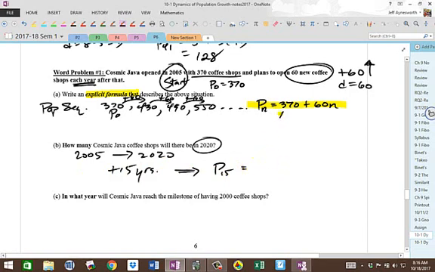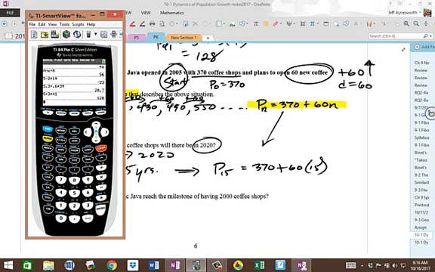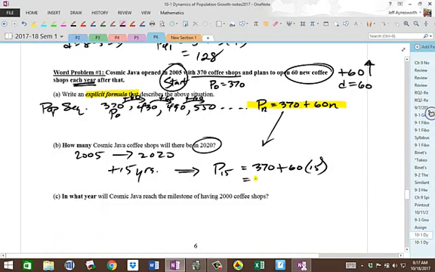It's 370 plus 60 times 15, and you get 1270. So 1270 coffee shops by 2020.